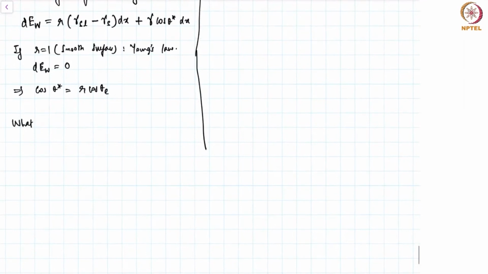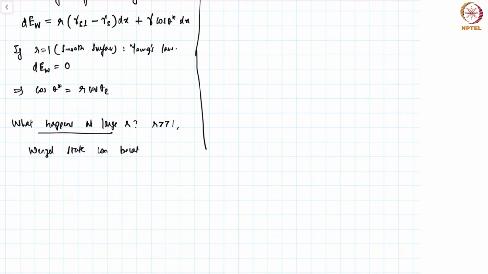Okay. Now, the next obvious question is, what happens at large r? So when r is much larger than 1, the Wenzel state can break down. Clearly, mathematically, that should be fairly evident. When r becomes much larger than 1, you may reach a situation where cosine of theta star can exceed 1, which is physically impossible.